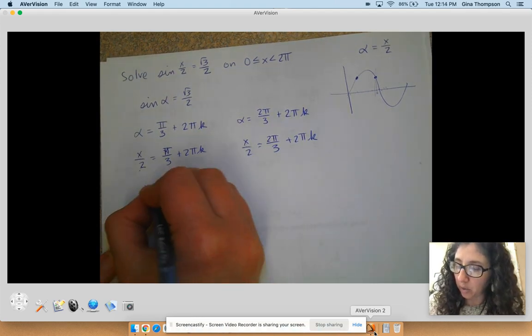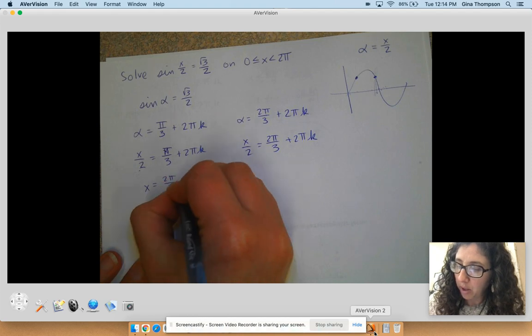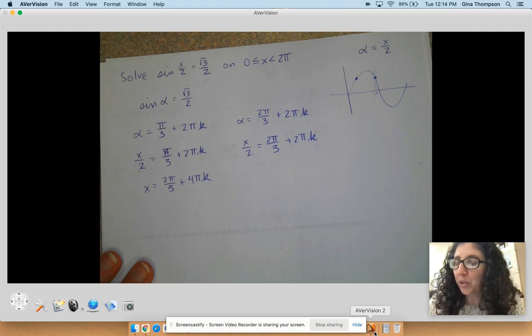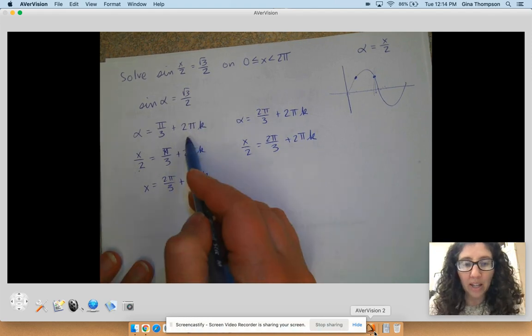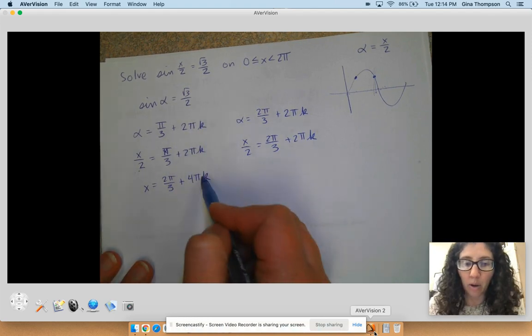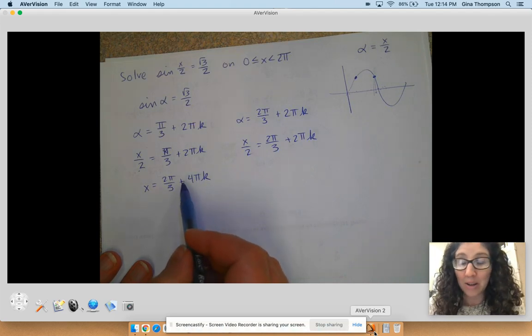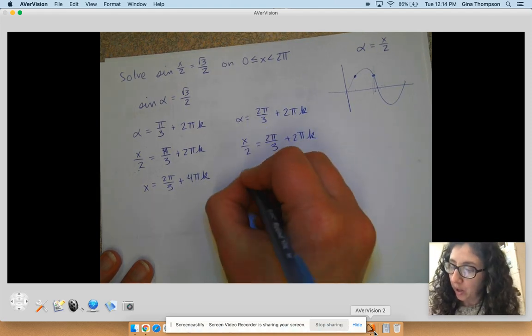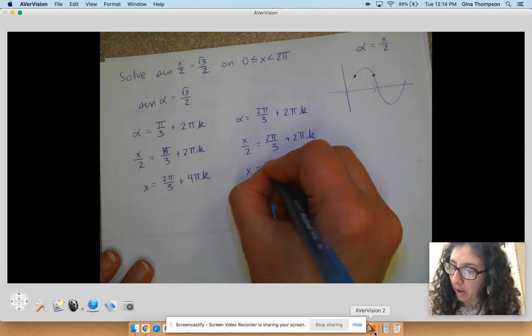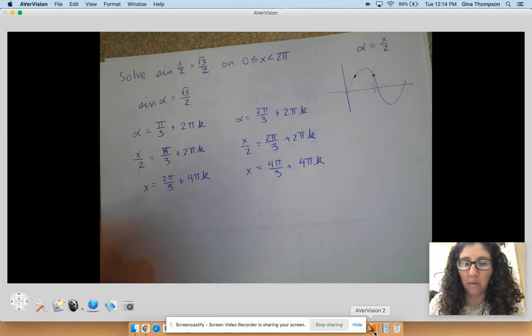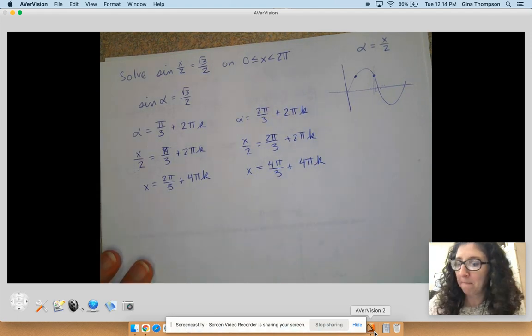So x equals 2 pi thirds plus 4 pi times k. You see why it's important that we add this 2 pi k at the very beginning, because unpredictable things will happen to it as we solve our problem for x, and we don't want to lose that. So here I'm going to have 4 pi thirds plus 4 pi times k, right?